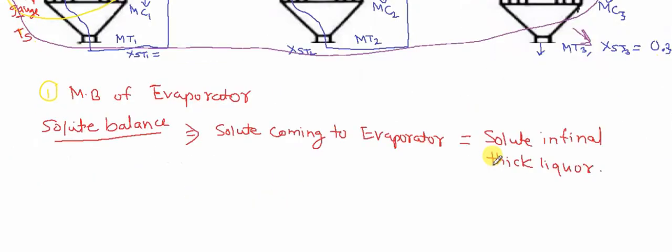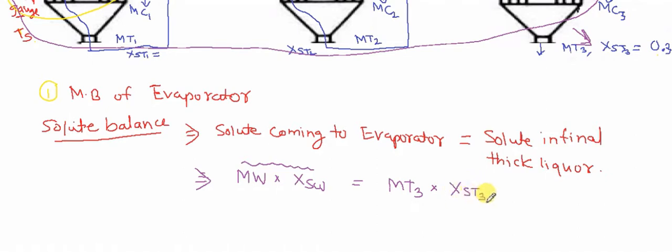And so I write down here my material balance equation. I must write down this material balance equation: MW into XSW. This quantity gives the solute coming to the evaporator, and that is equal to MT3 into XT3. So XT3 means what?